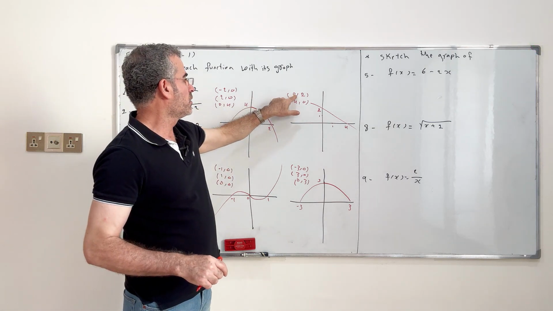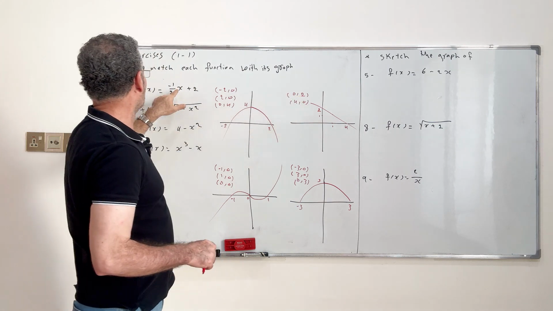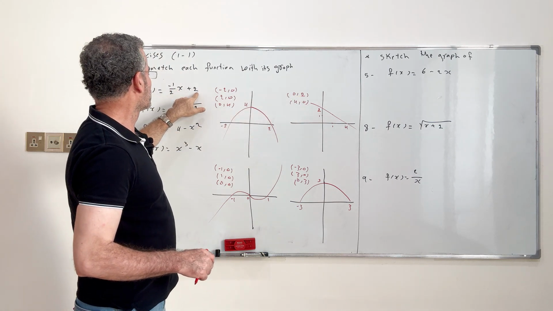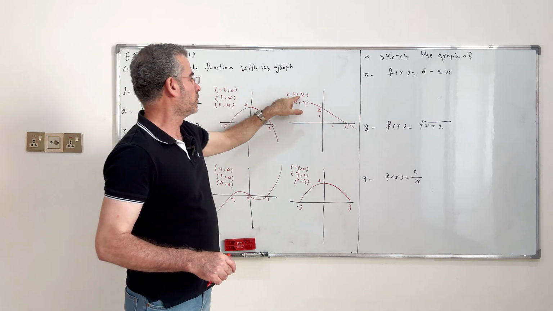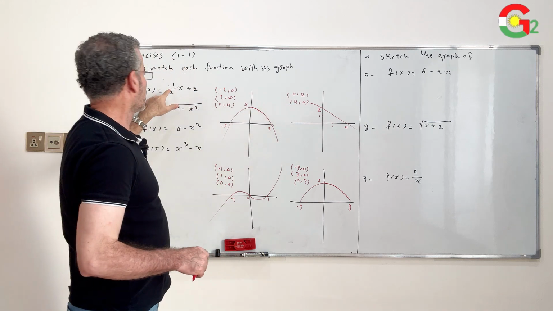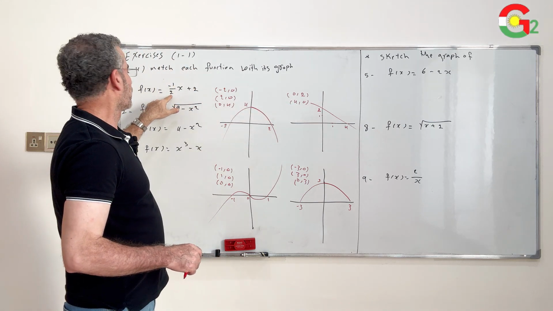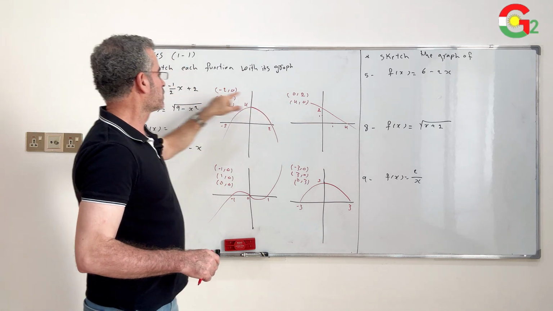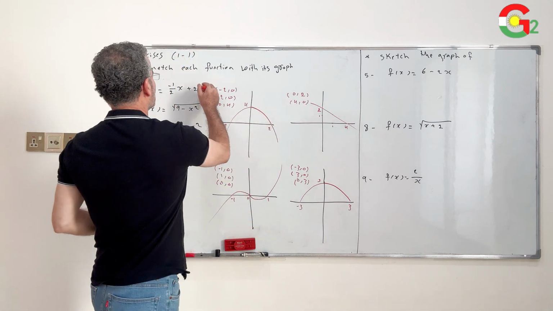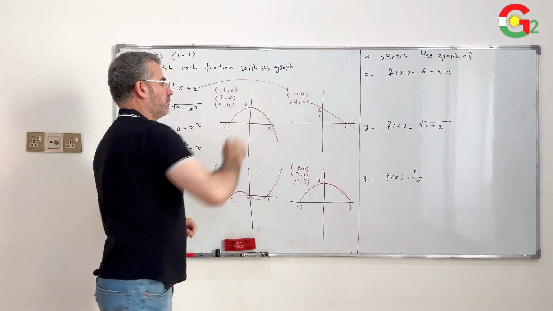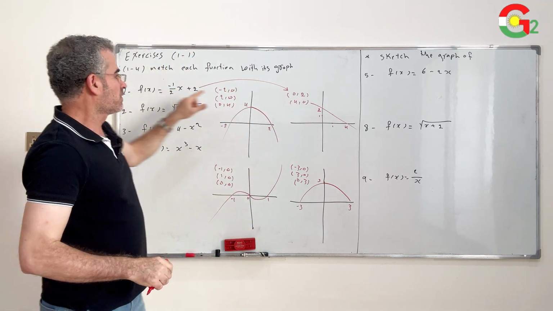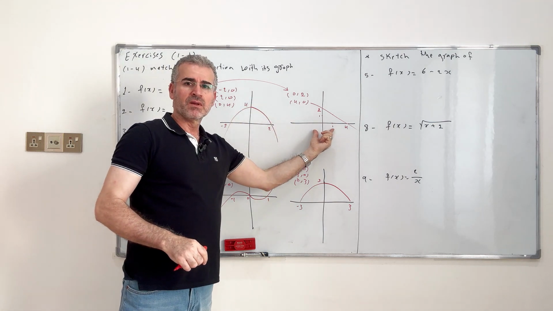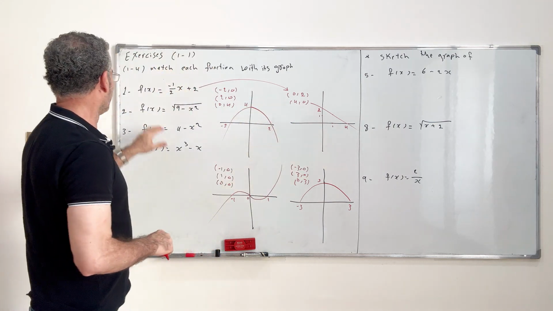When x is 0, y is 2. 0 plus 2, it is 2. When x is 4, -4 over 2 is -2, plus 2 is 0, it is the right graph. Then the first function goes with the second graph.